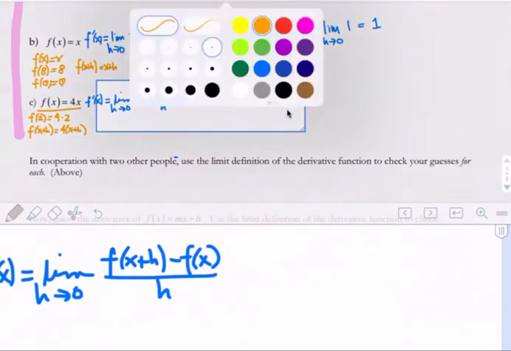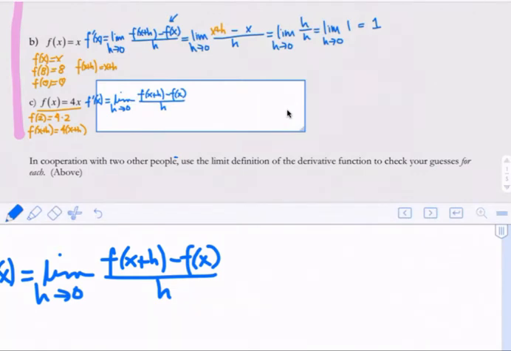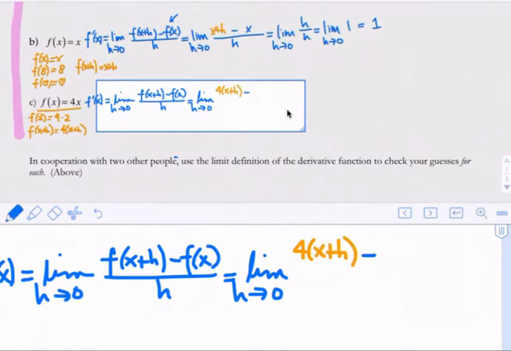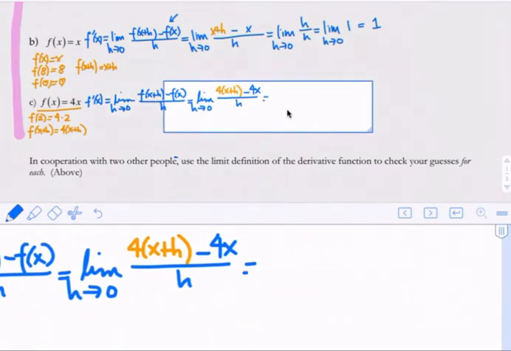So when we substitute up here, we get the limit as h approaches 0, and here's our f of x plus h. It's 4 times x plus h minus f of x, which is 4x, over h. There's a little more simplifying here. You actually get to distribute.